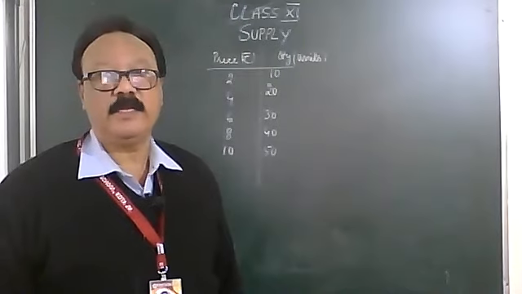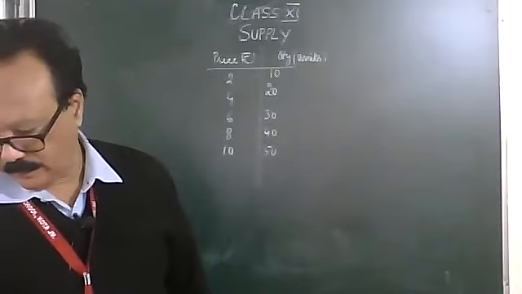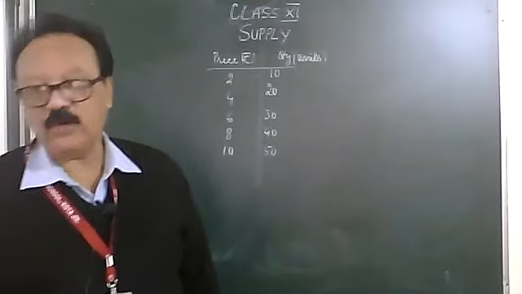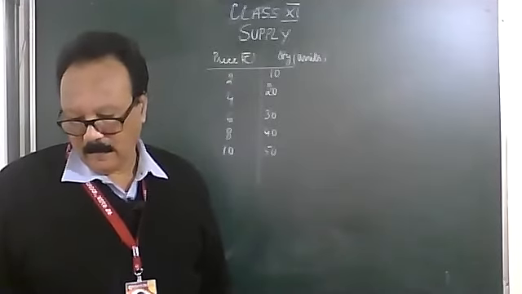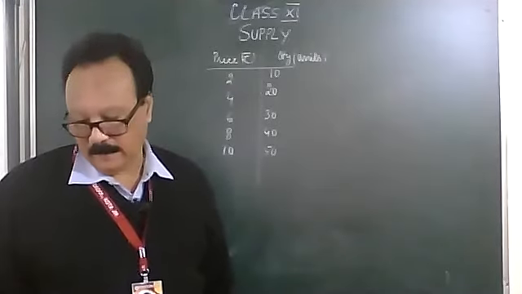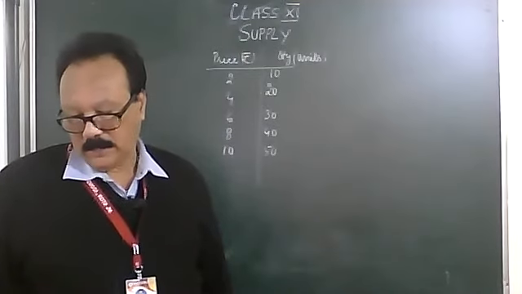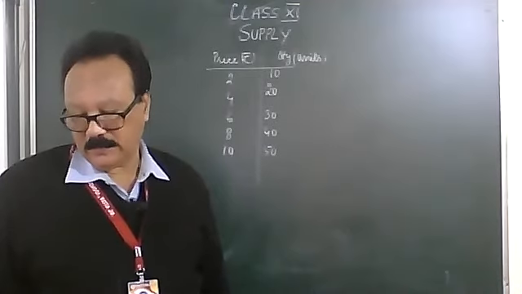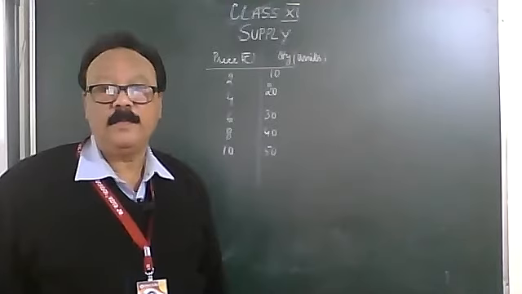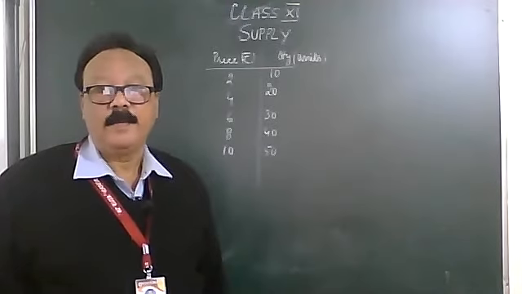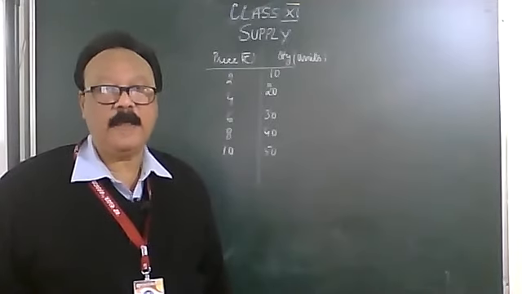It shows the quantities offered for sale at each price over a given period of time.